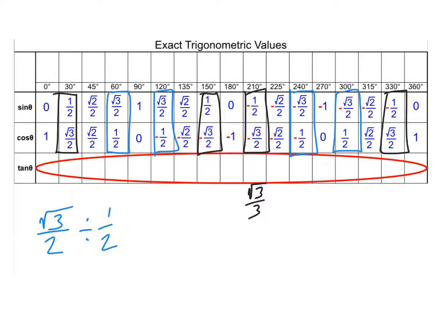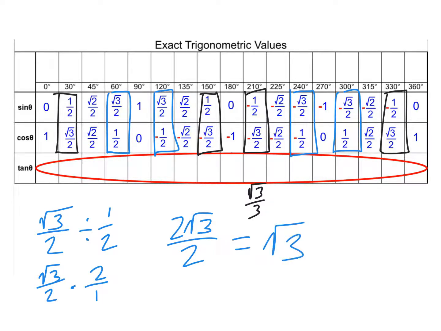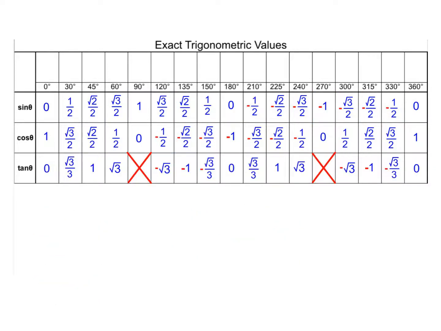And so that's going to be the same as root 3 over 2 times 2 over 1, which gives me 2 root 3 over 2, which if we reduce it, just equals the square root of 3. So any of those that have the root 3 over 2 on top and the 1/2 on the bottom, we get a root 3. Question is just positive or negative.